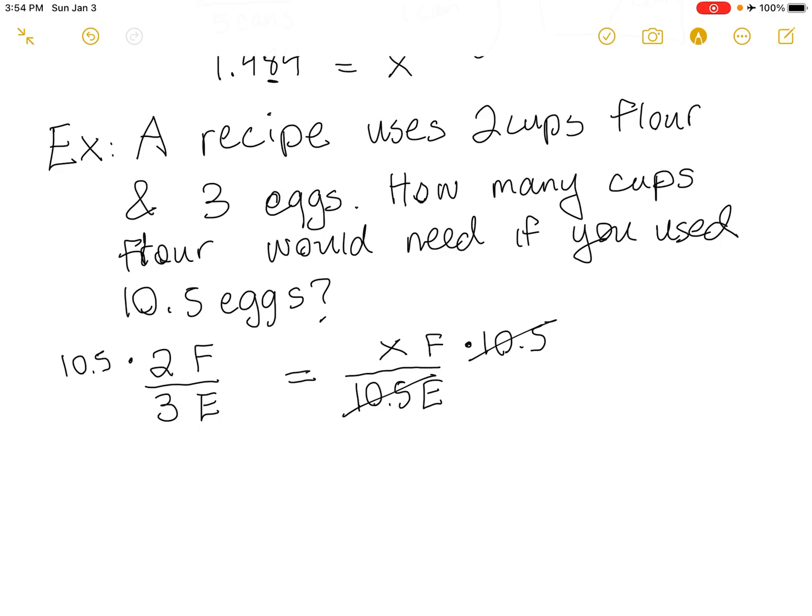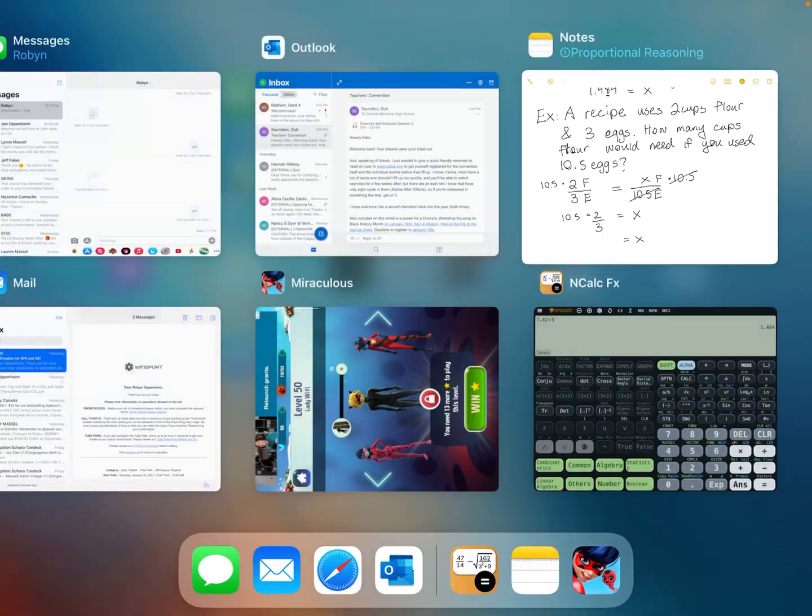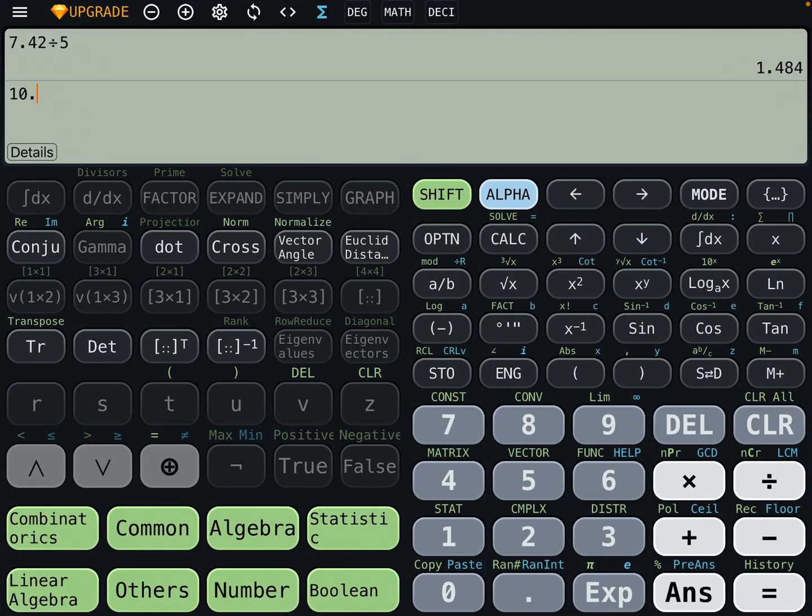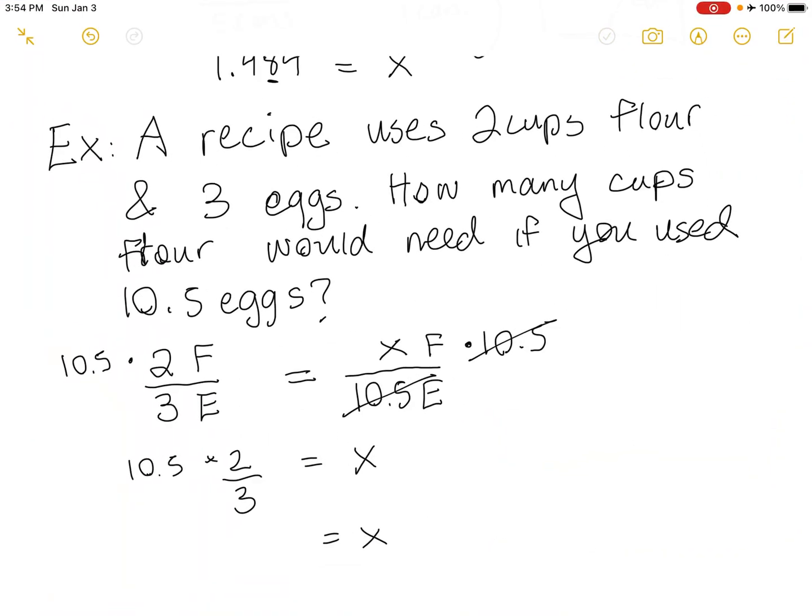Okay, now these will cancel, and I'm going to end up with x equals 10.5 times 2 divided by 3. And if you put that in your calculator, 10.5 times 2 is 21, divided by 3, that's 7. So x equals 7. Okay, so the answer here is 7 cups of flour.